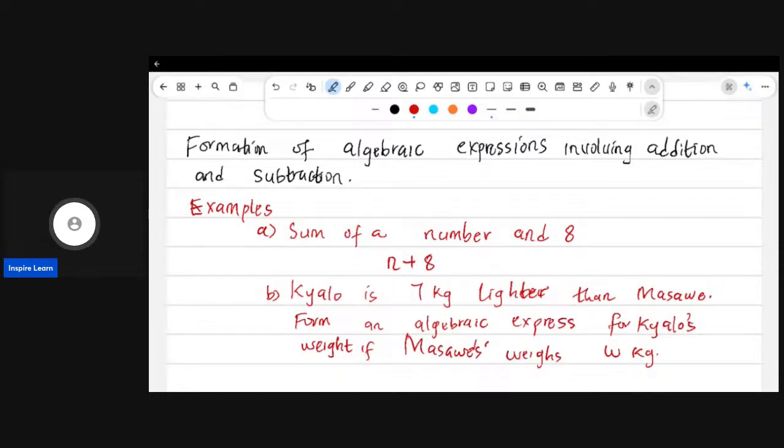It is telling us that Kilo is 7 kg lighter.